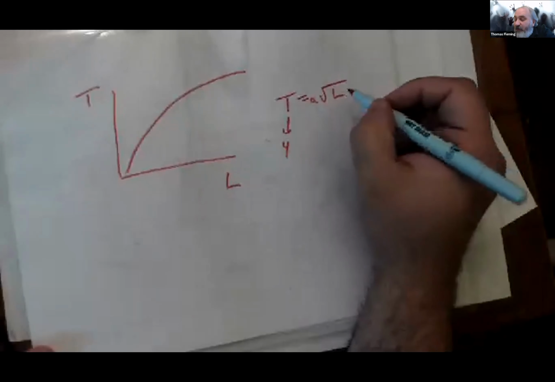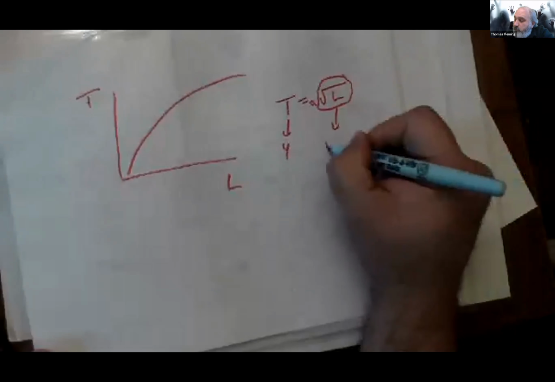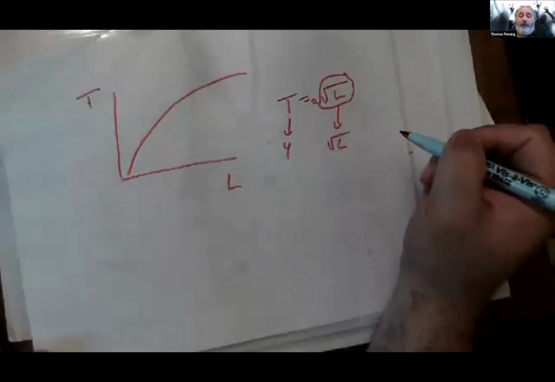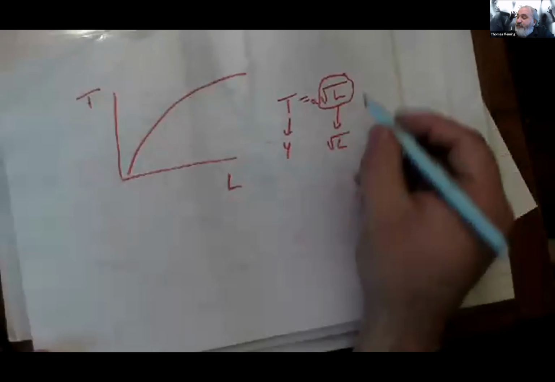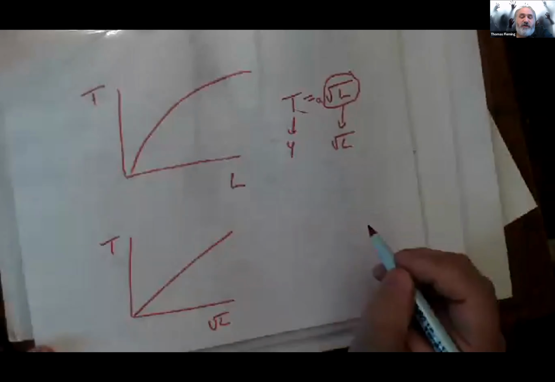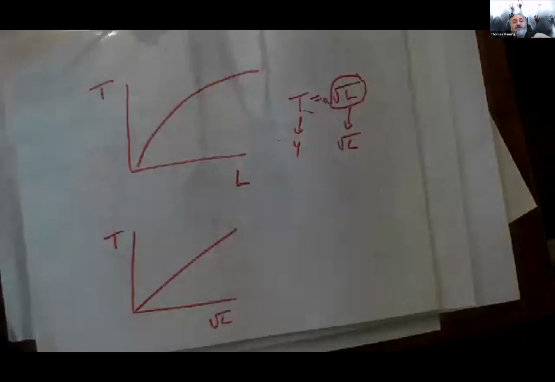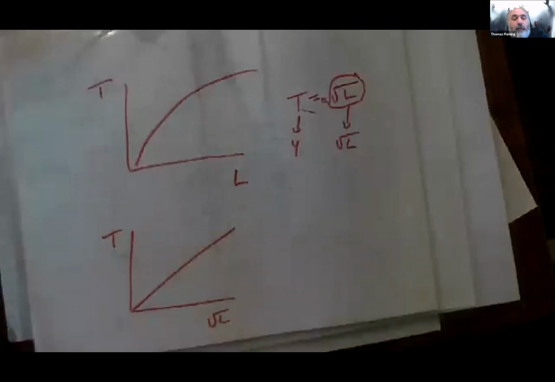And then instead of having L be my x variable, I'm going to take the whole square root of L and make that be my x variable. And if this is a correct guess, when I do T versus the square root of L, I should get a straight line. If I get a line that's still not straight, that suggests that maybe this guess was not correct and it's some other function that makes sideways parabola looking things. But if it turns out to be straight, then that's probably a good guess.